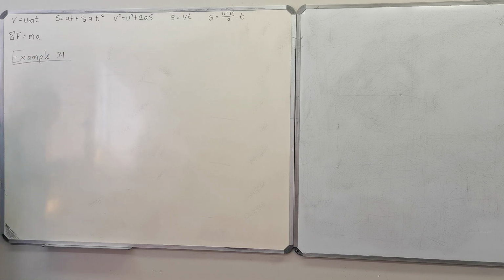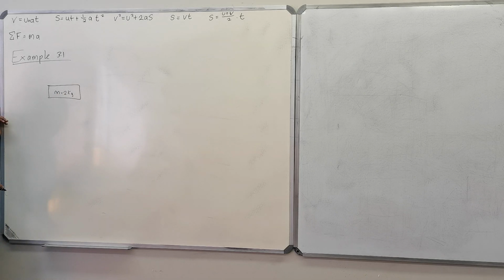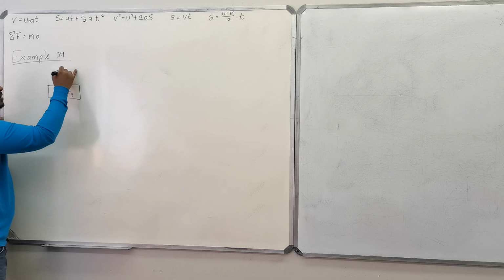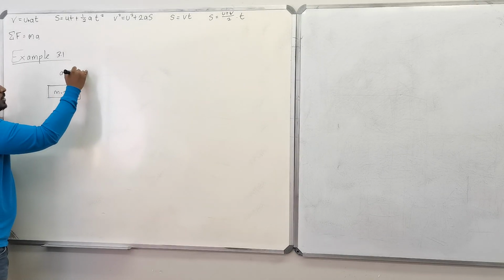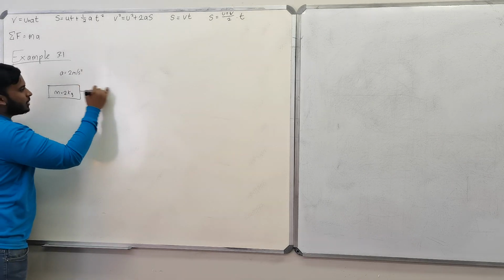Okay, so example 3.1, they tell you that an object of mass 2 kgs is accelerated on a horizontal plane at 2 meters per second. So the acceleration is equal to 2 meters per second squared by a force of 40 newtons.